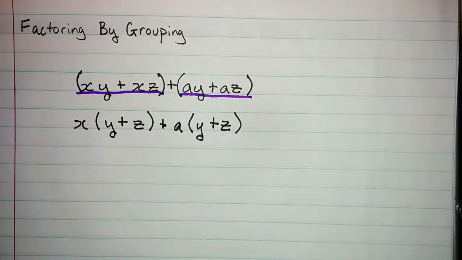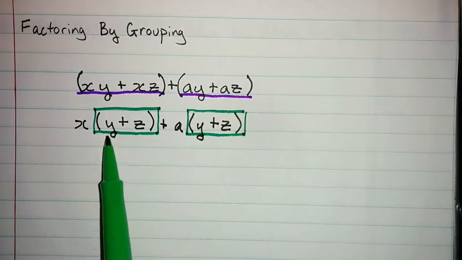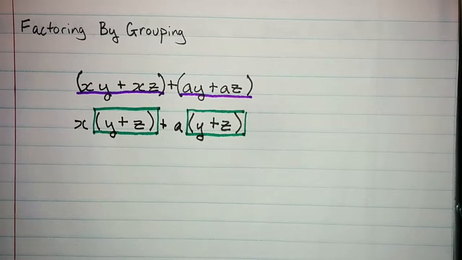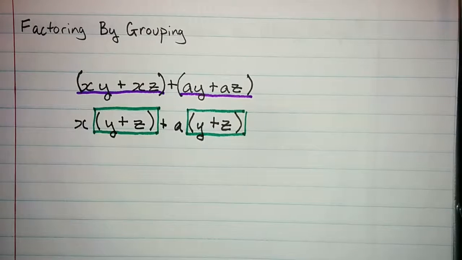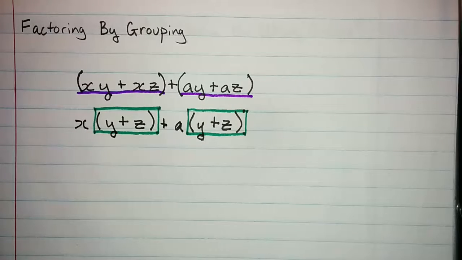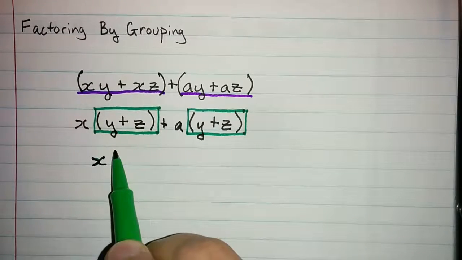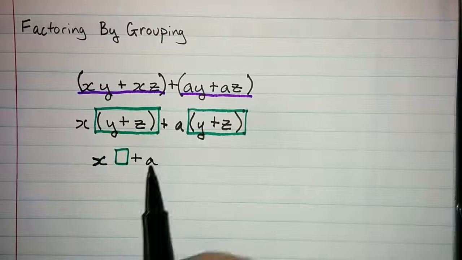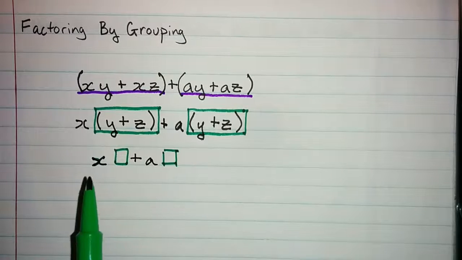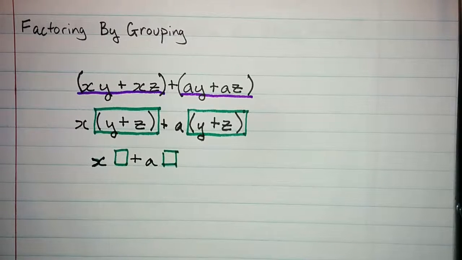Hey, this is kind of big. If I think of this y plus z binomial as just a block, what does that give me? I have x times my block plus a times my block. I can think of this block as a common factor.